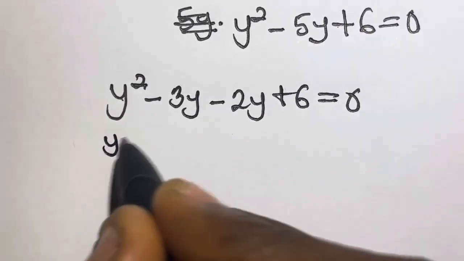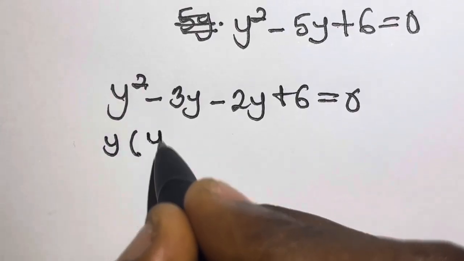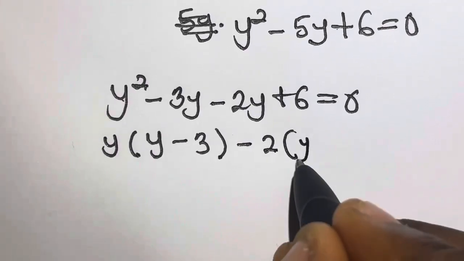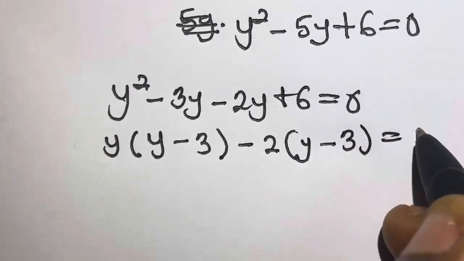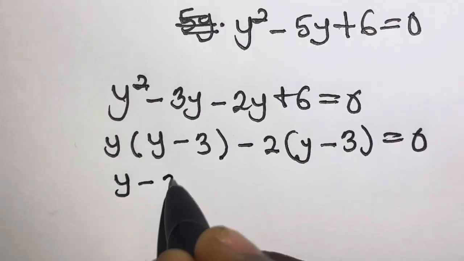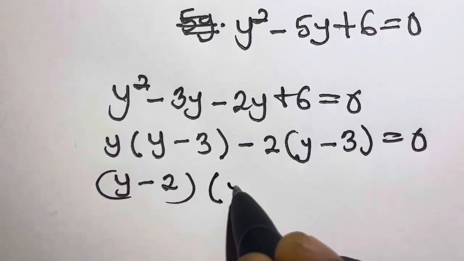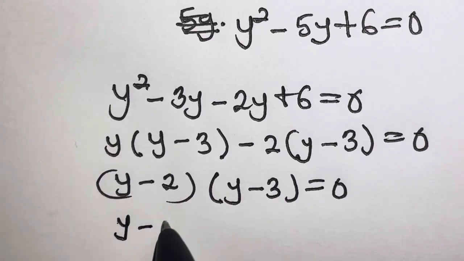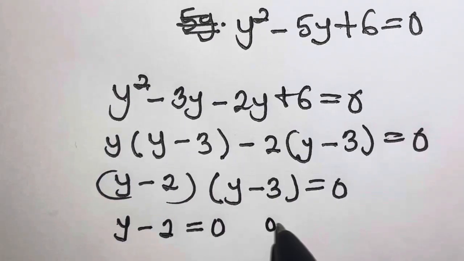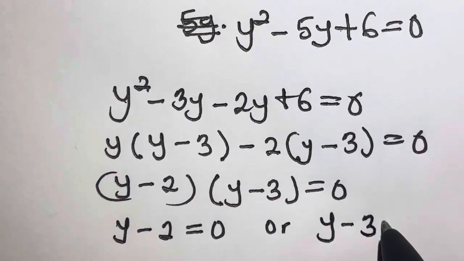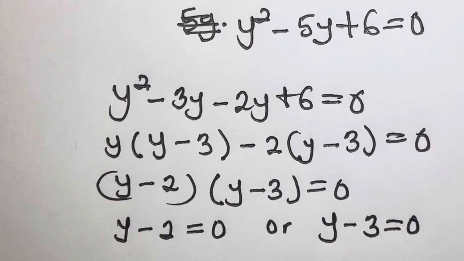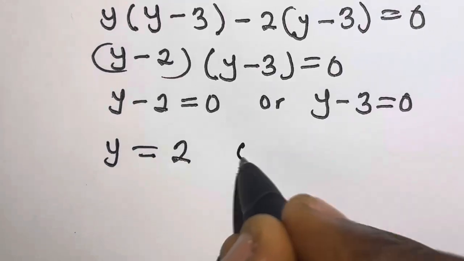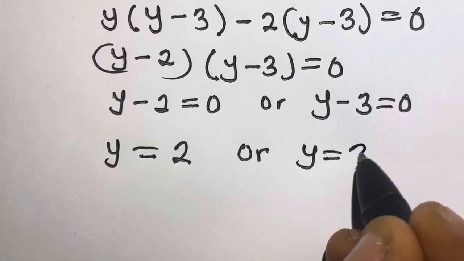So we have y, then what will be left here? y minus 3. Let's factorize minus 2 out. What will be left here? y minus 3. So we have y minus 2 and y minus 3 equals 0. So we have y minus 2 equals 0 or y minus 3 equals 0. So if we collect the like terms, we are going to have y equals 2 or y equals 3.